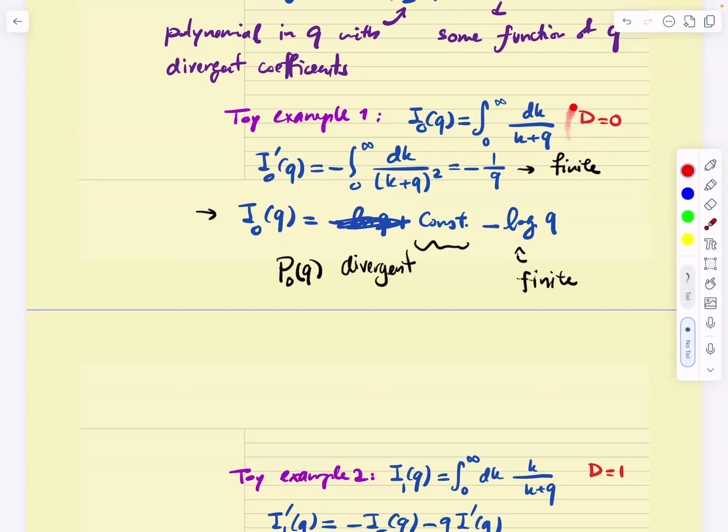This has superficial degree of divergence 0. Now, if you take a derivative with respect to q, you're going to get this. Now you could perform the integral and get minus 1 over q. This integral is somewhat subtle, but this is the answer for it, and it's finite.